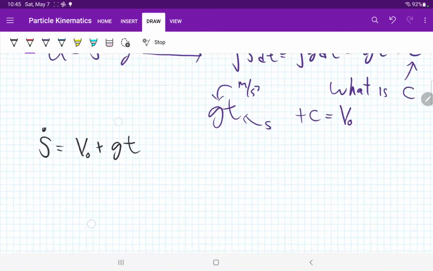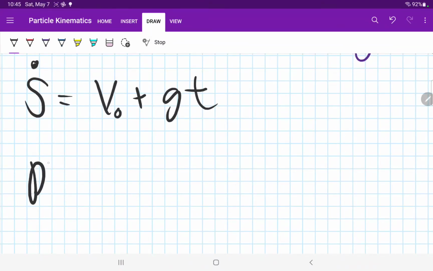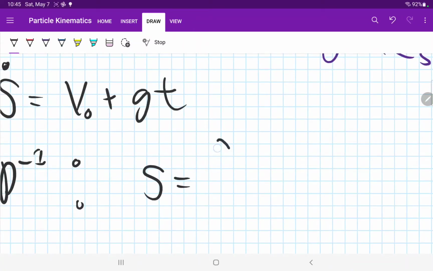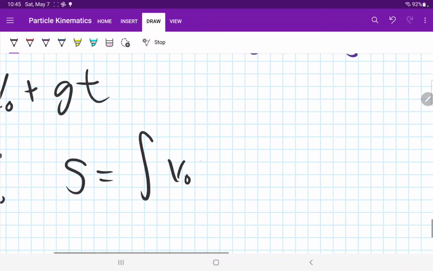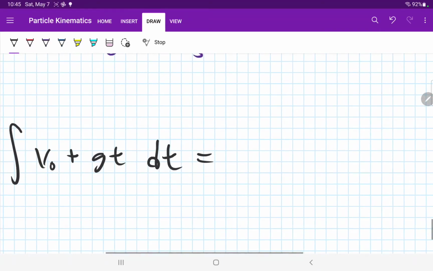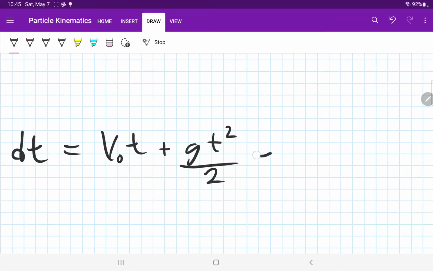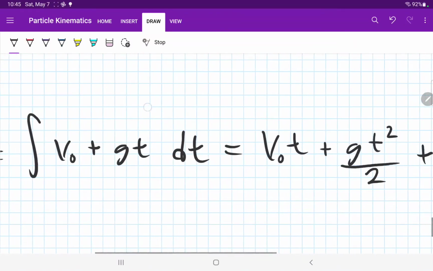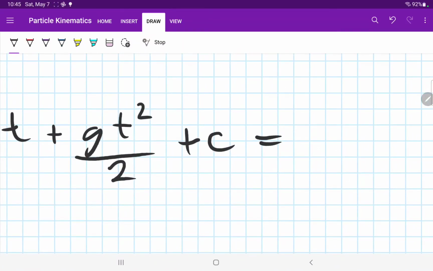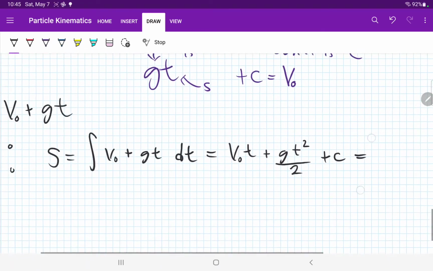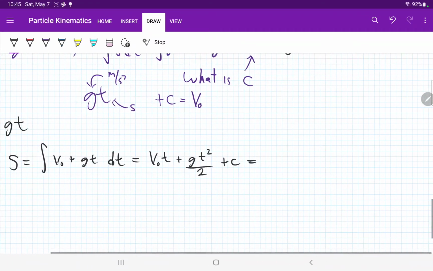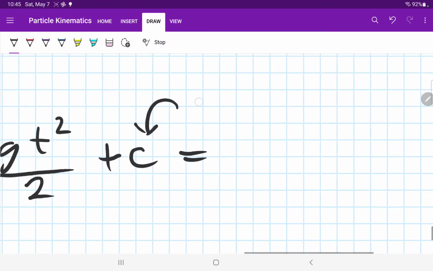And basically, if we do this again, if we take the other antiderivative again, then we get that s is equal to the integral of v0 plus gt dt, which is equal to v0 t plus gt squared divided by 2 plus c, right? We have our arbitrary constant. And as you guys can guess, if we take s, this is a position, so our constant here is a position now.